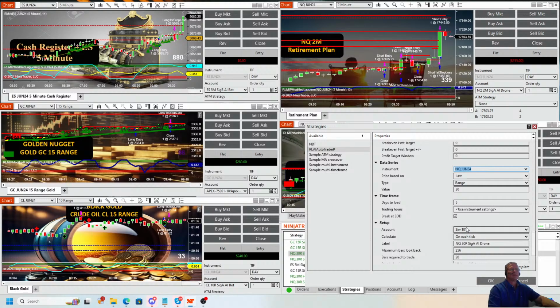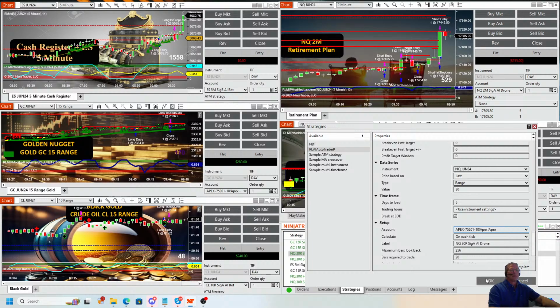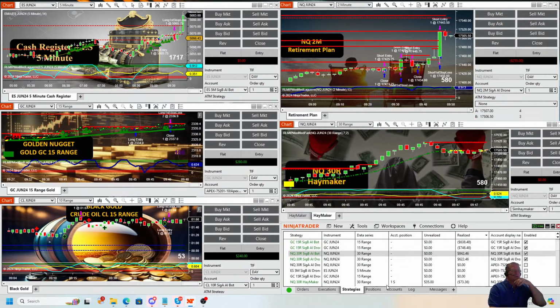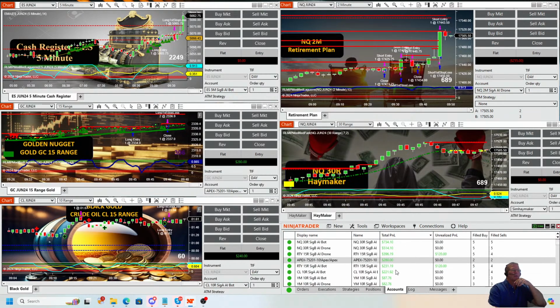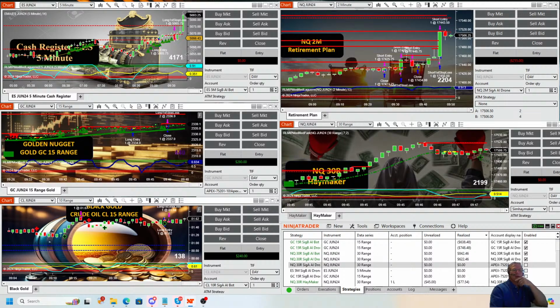We just recently did an update, and my workspace wasn't fully prepared to go to these other instruments. So if I wanted to enable the NQ on my Apex, I could do that here. And I could take a signal A, a signal B.